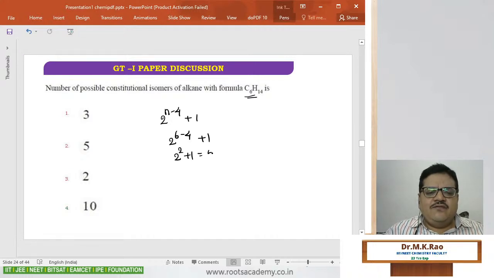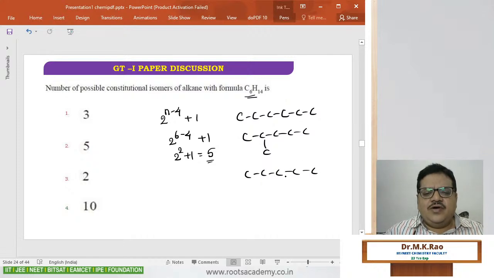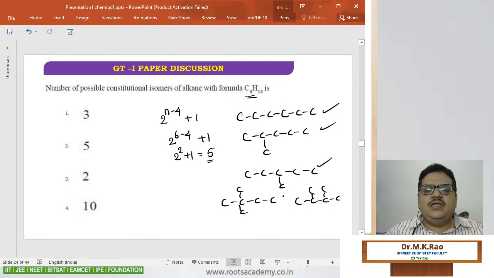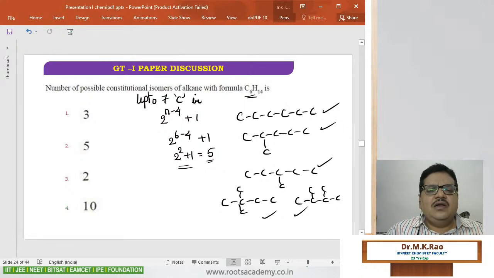It is 5. So the isomers are 1, 2, 3, 4, 5. It is the formula, applicable up to 7 carbons in alkanes.